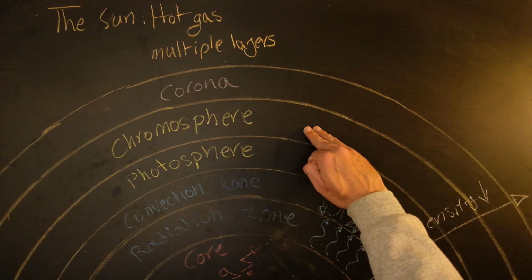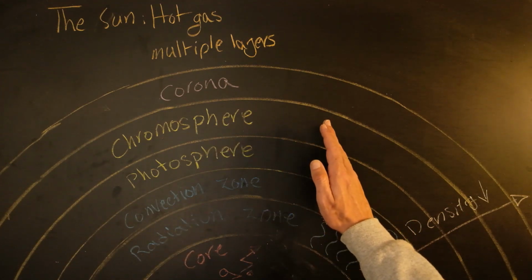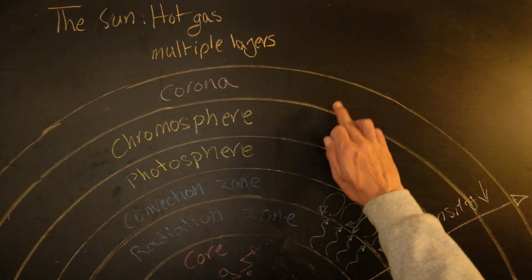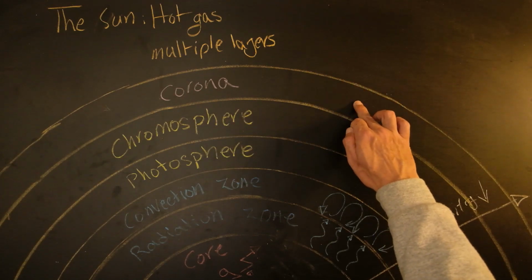So far, so good. What you see from the core to chromosphere is that temperature decreases. But then suddenly for corona, we have a jump. Corona is around 1 million Kelvin.